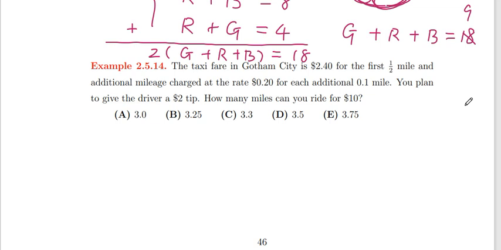So this problem says the taxi fare is $2 for the first half mile, and then an additional mileage charge at this rate, 20 cents for each 0.1 mile.